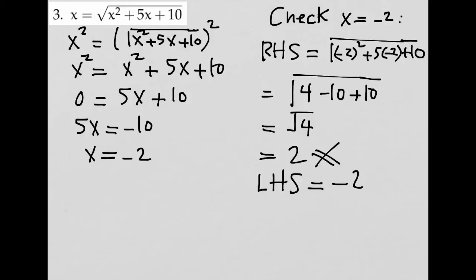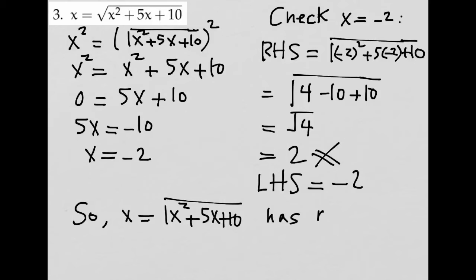So although x equals minus 2 is a solution of the squared equation, it is not a solution of the original equation. So x equals square root of x squared plus 5x plus 10, that's our original equation, has no solution.